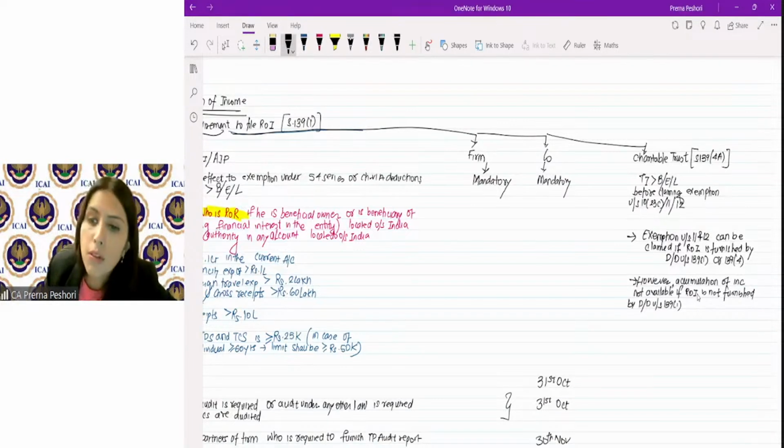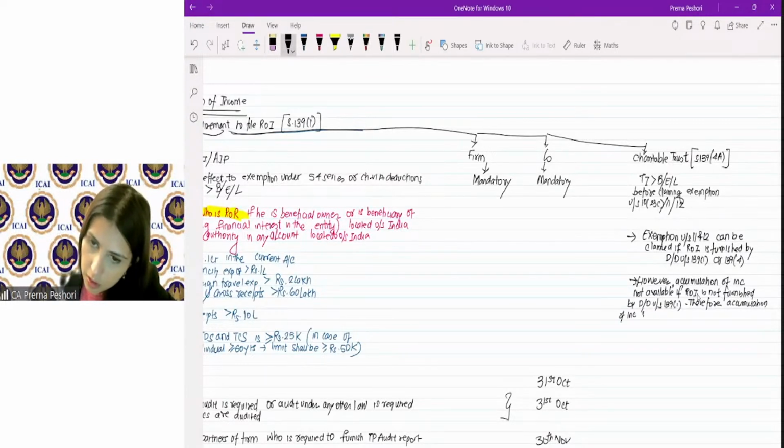Accumulation of income not available. Therefore, accumulation of income shall not be considered as deemed application.